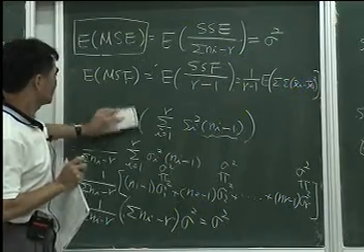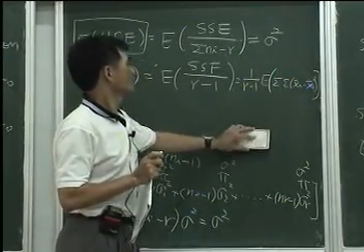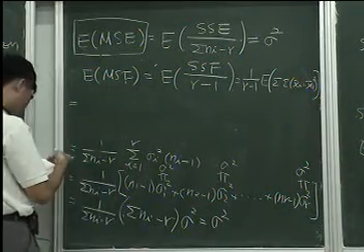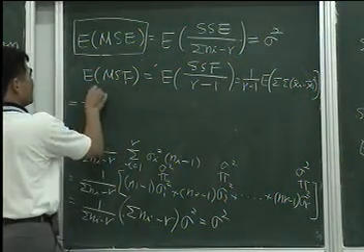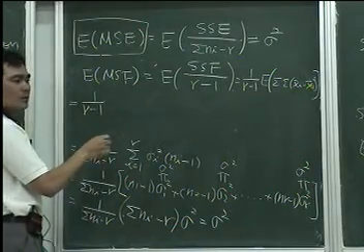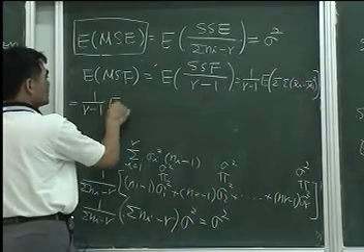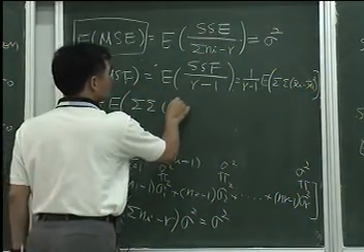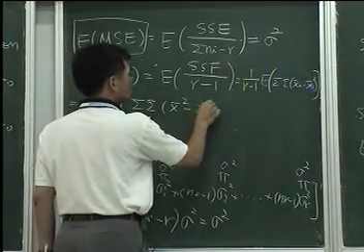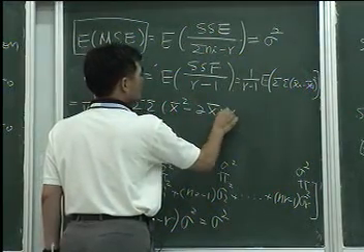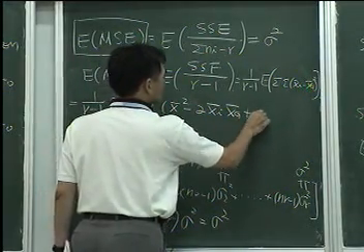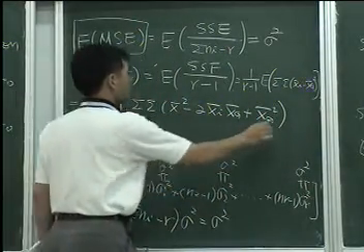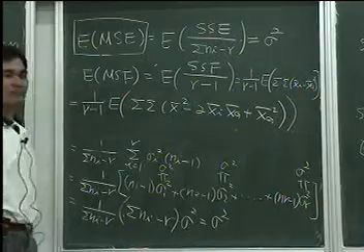So let us just try to be patient here. Okay. So what do we get? 1 over R minus 1 expectation, summation, x bar I square minus 2 x bar I x bar g plus x bar g square. Okay?